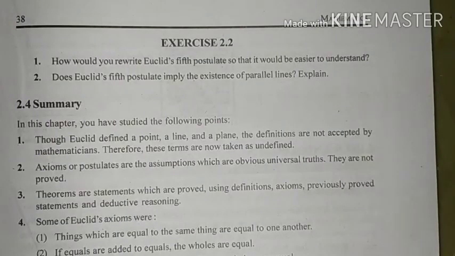Okay, in exercise 2.2 there are two questions which will be your homework. All right, so in your fair book you have to write everything I talked to you about today, starting from point, line segment, ray, parallel lines, transversal, different types of angles when there are parallel lines, and then talk about Euclid's fifth postulate.